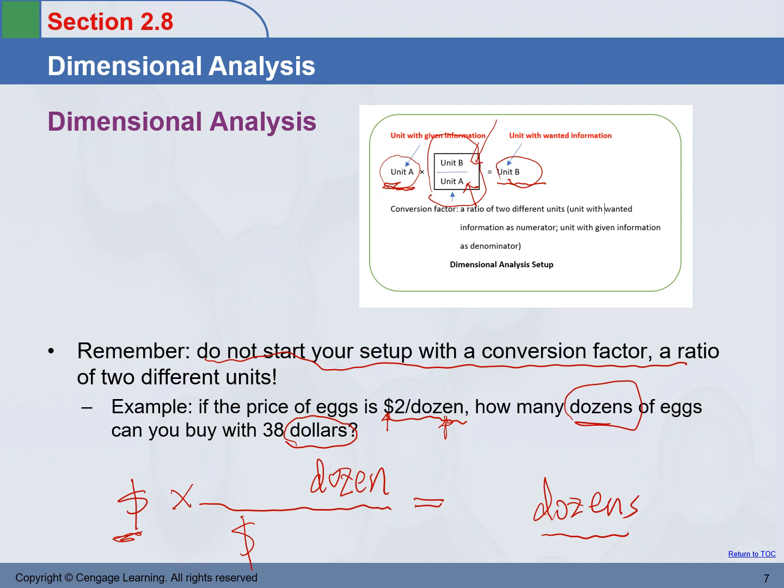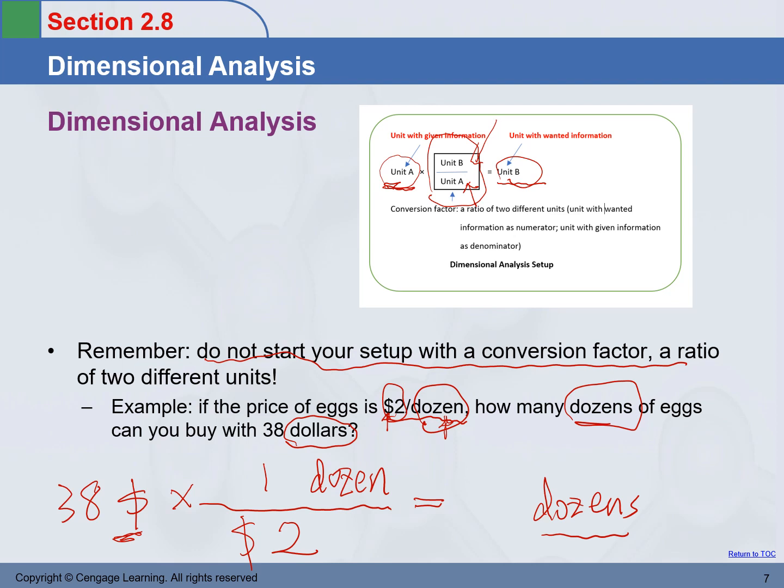Now, let's put all the numbers in. We're done with the setup, basically. Put all the numbers in. We have $38. The ratio between dollar and dozen is $2 to 1 dozen. So $2, 1 dozen. 2 needs to be at the bottom because the bottom is the amount of dollar.